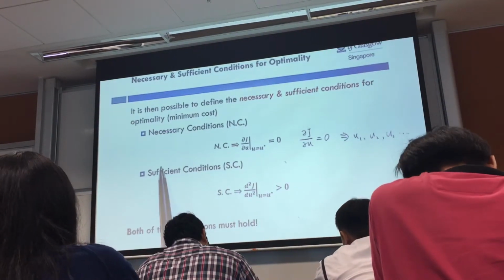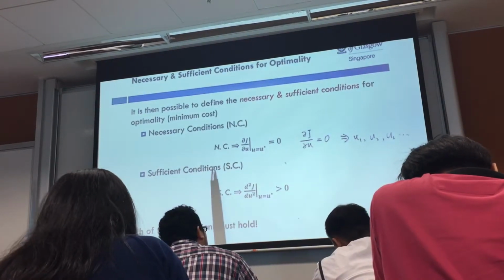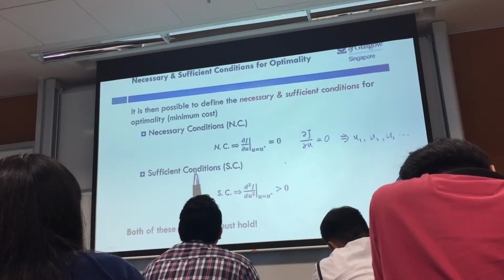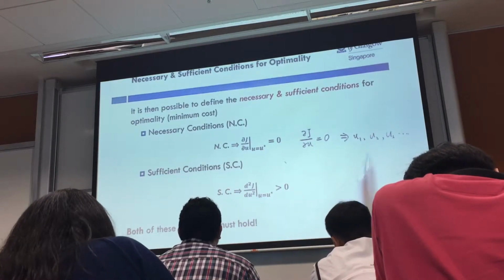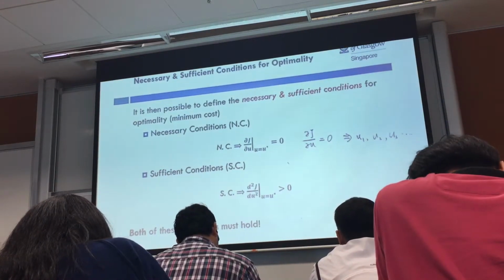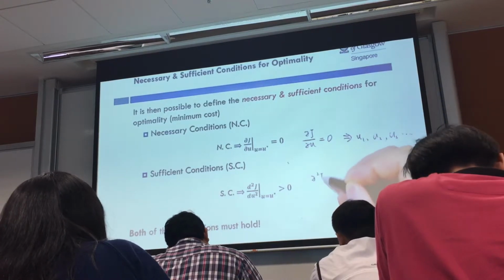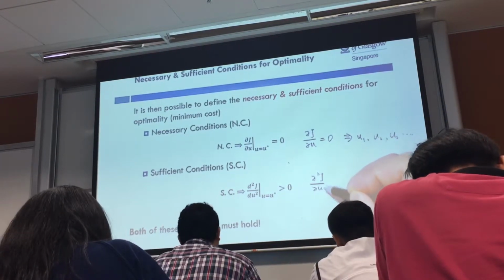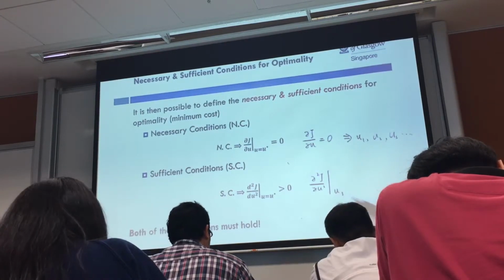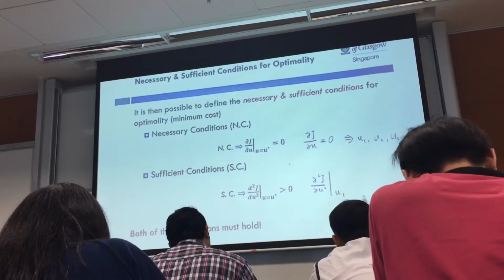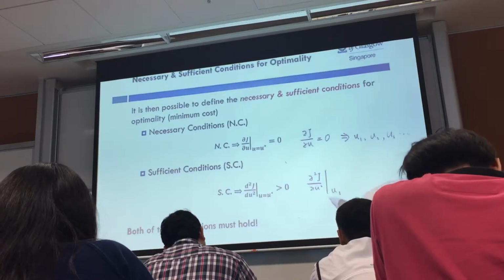Next, we need to evaluate the sufficient condition. The sufficient condition is to evaluate the second derivative, but only for these particular points. So we evaluate this d squared J over du squared for u1 to see whether it's positive or negative, and the same for u2.